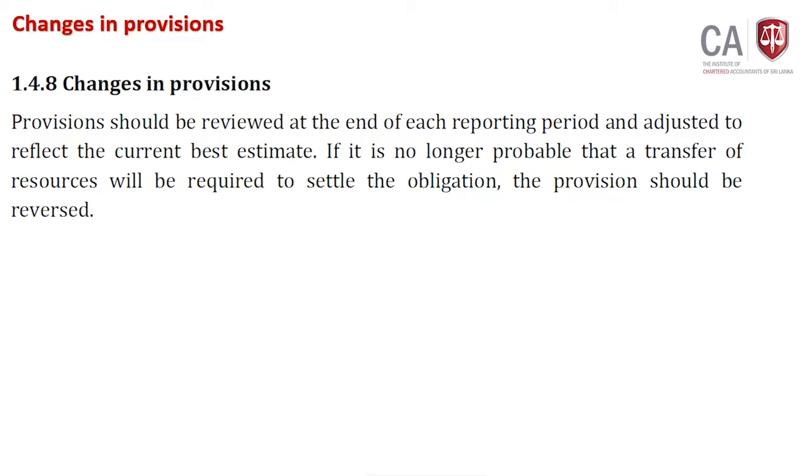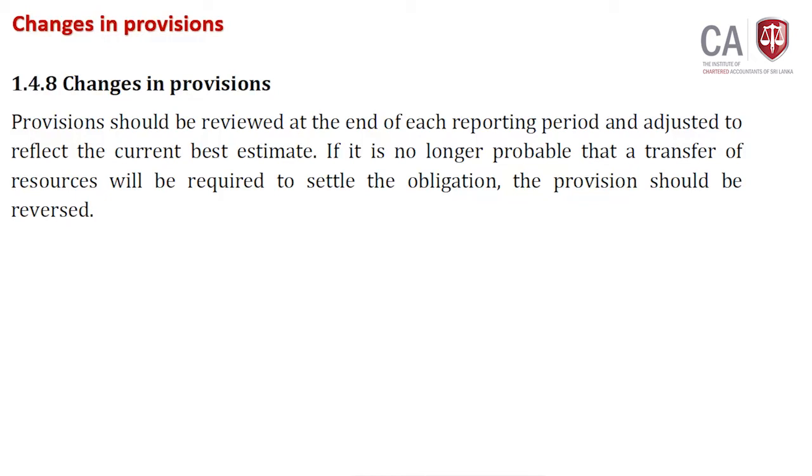But because of the weak actions that other party has taken, the decision is going to give in favor of the company. Now lawyers are telling, even though we expected cash penalties, since other party is not taking necessary actions against us, most probably we will win the case. Therefore, there is no probable economic benefit outflow. Then you do what? Reverse the provision.